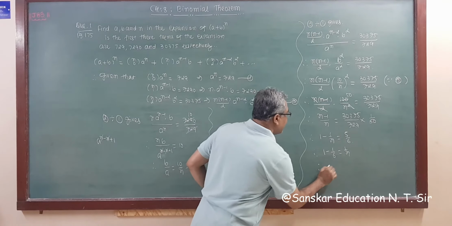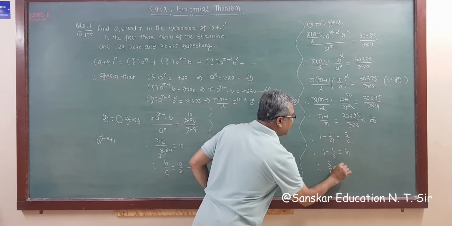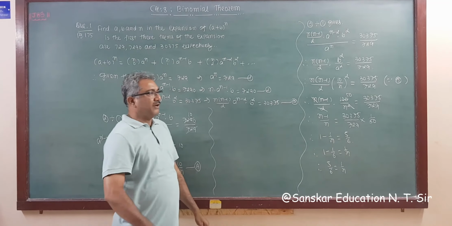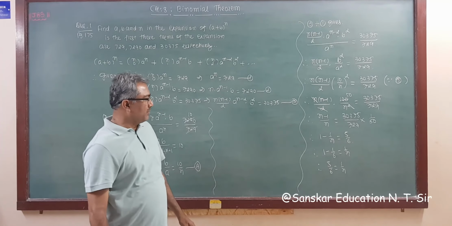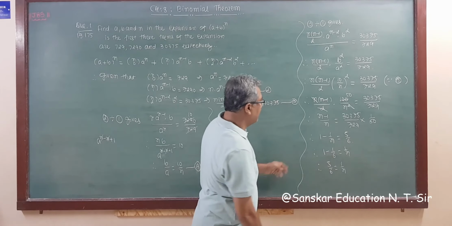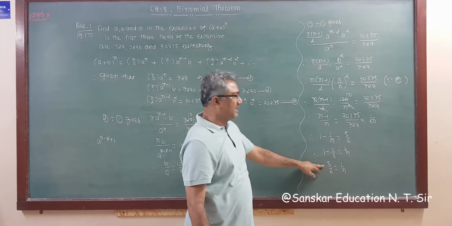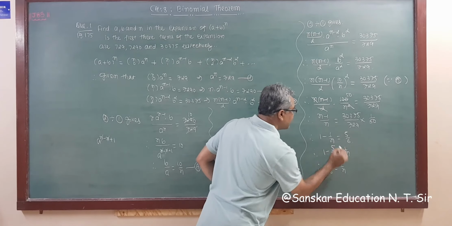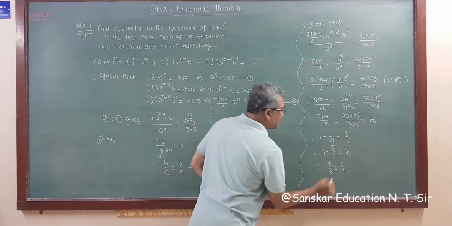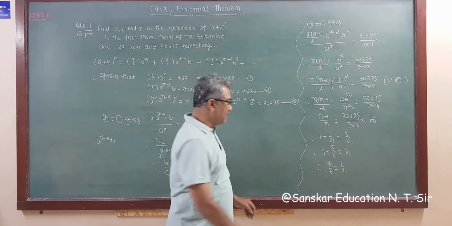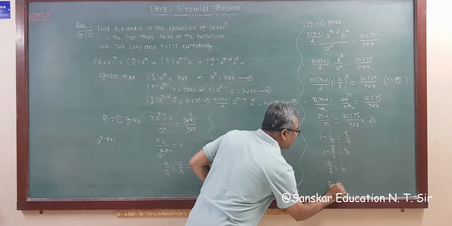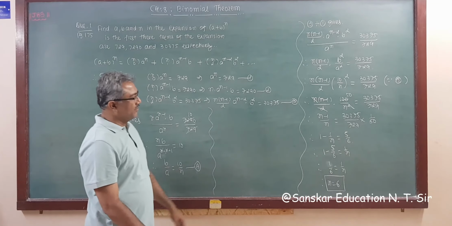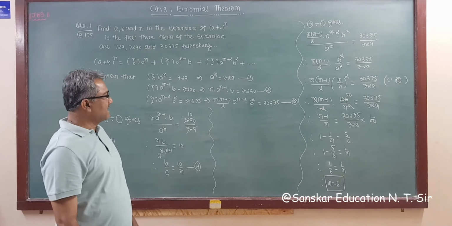That is 1 by 6 is equal to 1 upon n. So we get n is equal to 6. So the first value that we wanted to find out is n equal to 6.